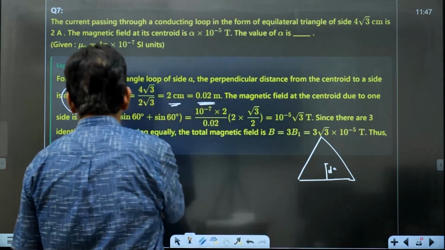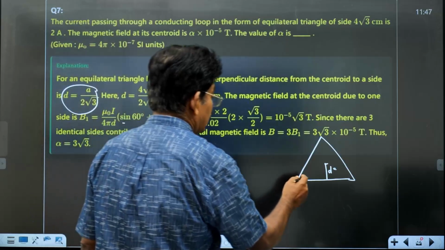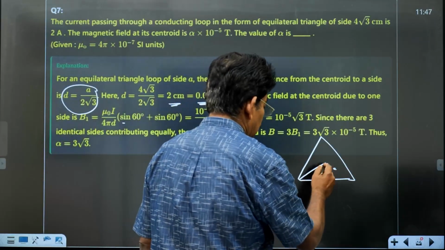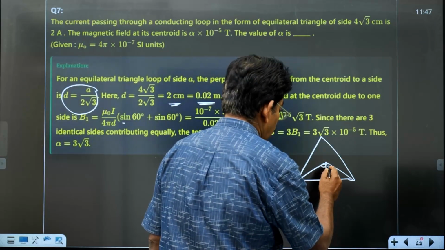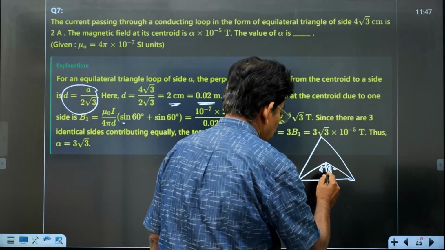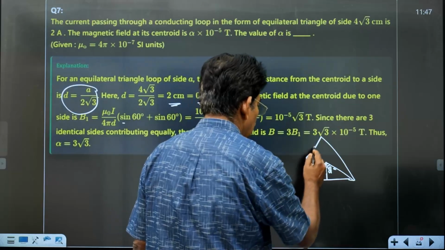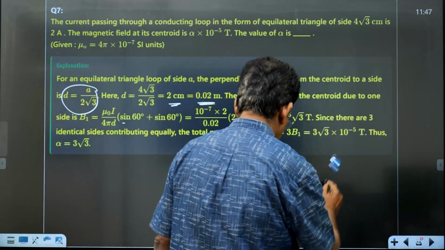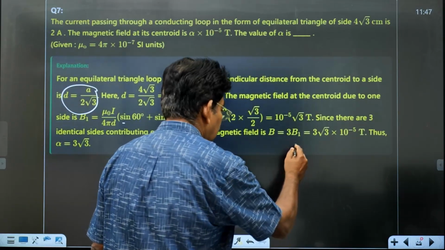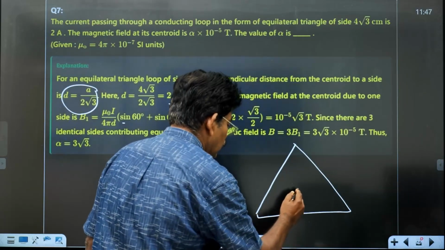Then the formula is given by mu 0 I by 4 pi d, for sine 60, because for an equilateral triangle to the center, these angles are phi 1 and phi 2. I will draw it bigger. This is an equilateral triangle, and we want to find the field at the centroid.